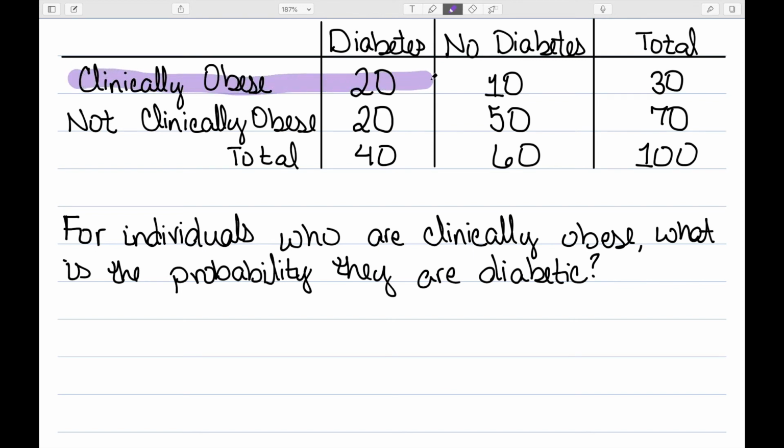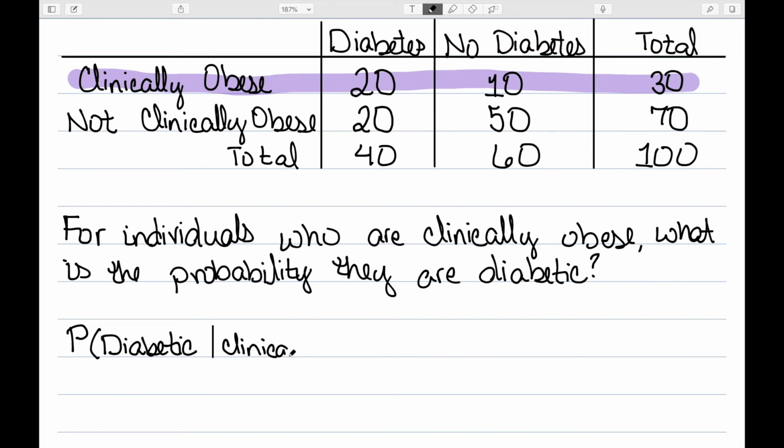So we already know this individual is clinically obese. When we want to find this probability, we want to know the probability they are diabetic. We then write a vertical bar, and then we write the condition that we already know. In this case, clinically obese.